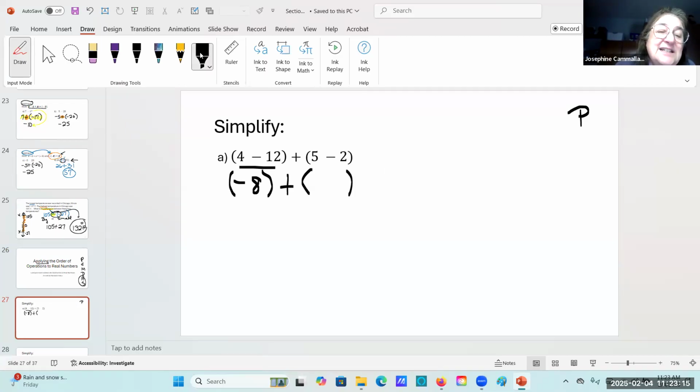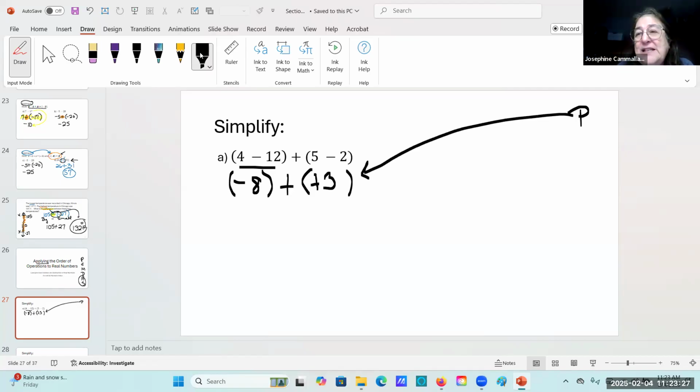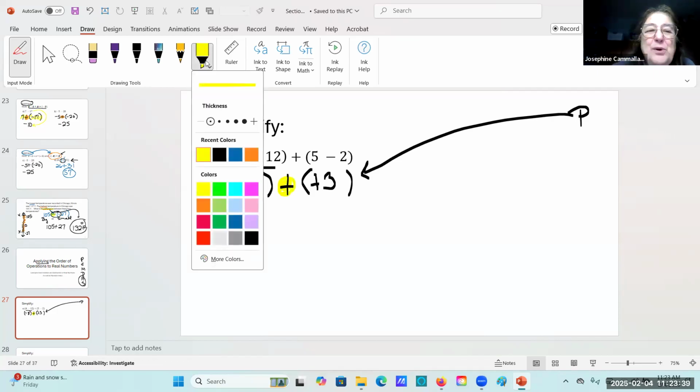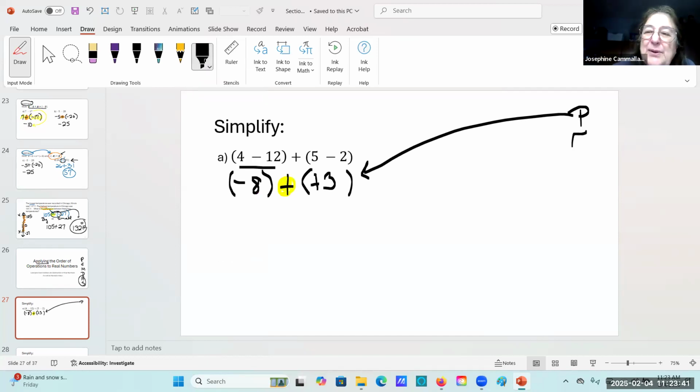Plus positive 5, negative 2 is a positive 3. This is my parentheses. Now, this plus is going to take us all the way down to the add or subtract.